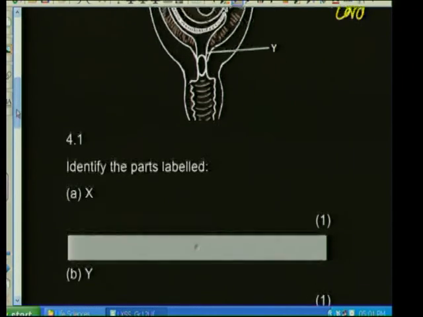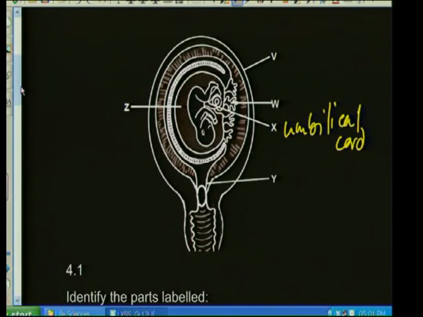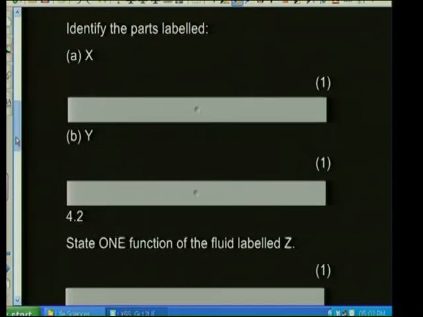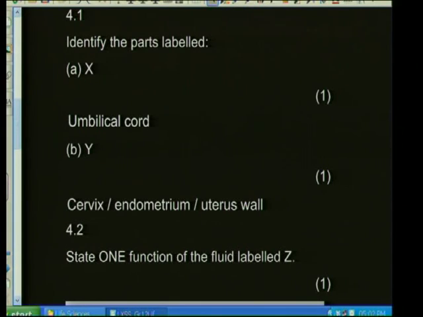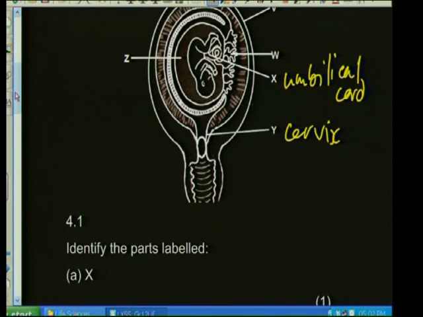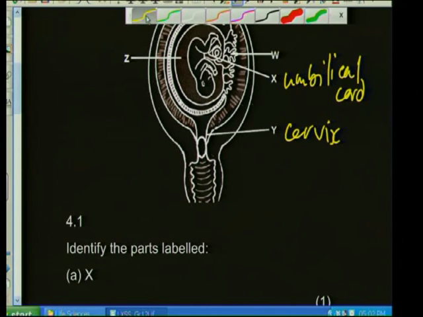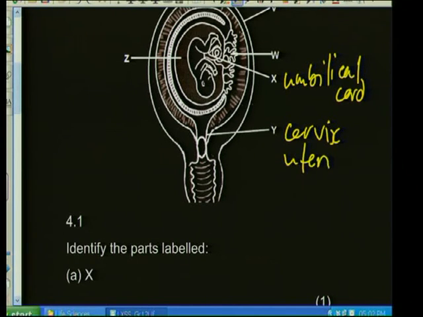And the next question, Y would be the cervix. Sometimes, because of that label being confusing, the examiners may even give you a mark there for uterine wall, because it is continuous. But the most correct answer will be the cervix in that area.